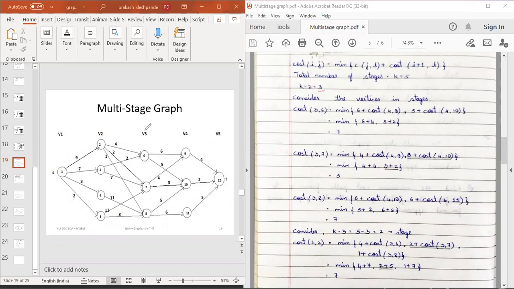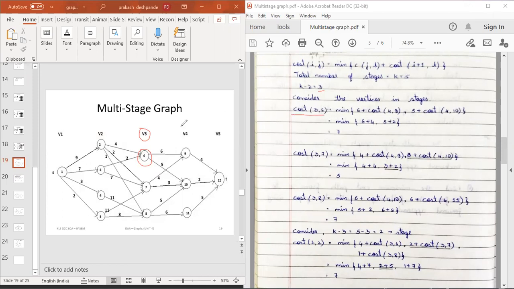At this particular stage we are trying to make the decisions right now. So first we need to calculate the cost of this particular vertex 6, which is placed in the stage 3, and the vertex number is 6. That's why notice here, cost of 3, 6.